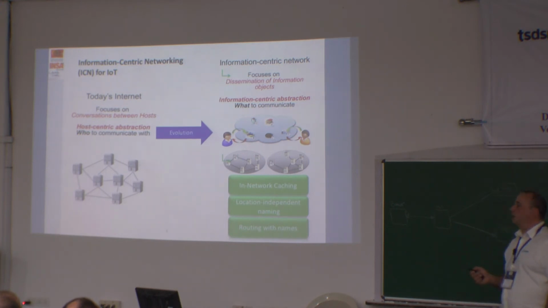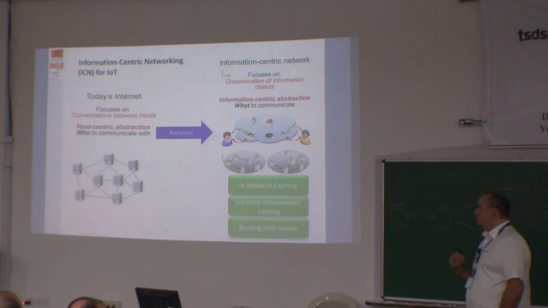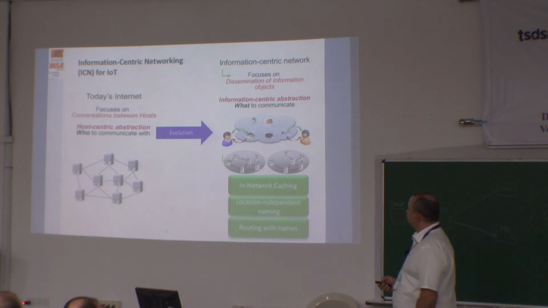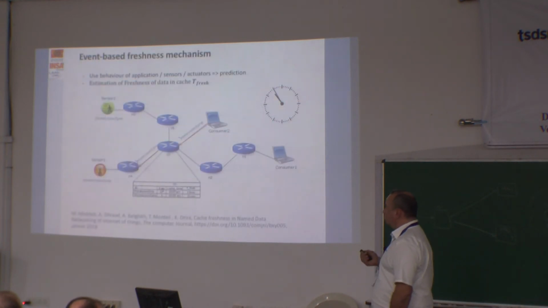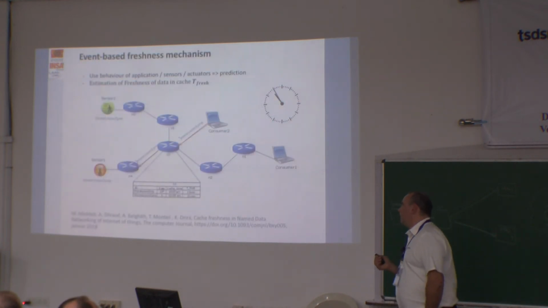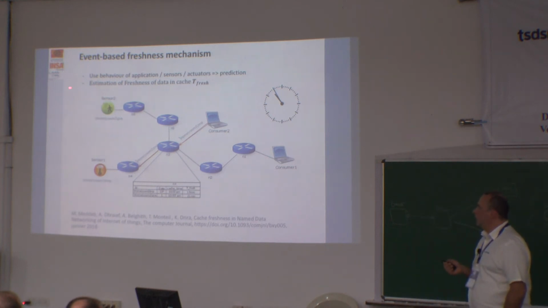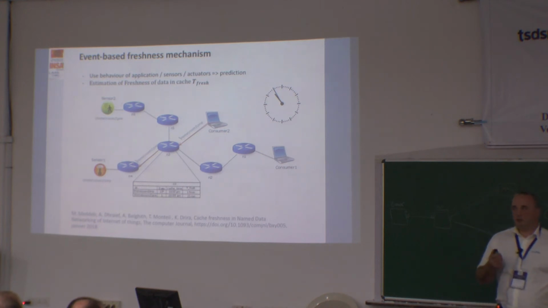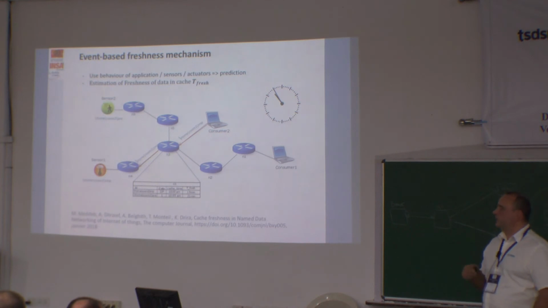The last part of the things to do to make this kind of network is to make a routing. When you make an interest, you need to find in the network where to go in the router, where to find the producer if you don't get the information. So you have some routing table based on information, not on address in this kind of network. So we have worked on different parts for this kind of network. First, we work on a mechanism of cache, and we specify a new mechanism based on an observation of internet traffic for the sensors and actuators.